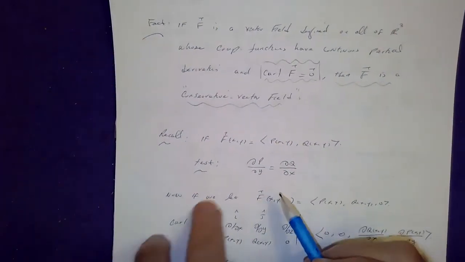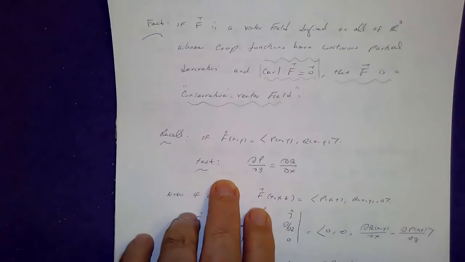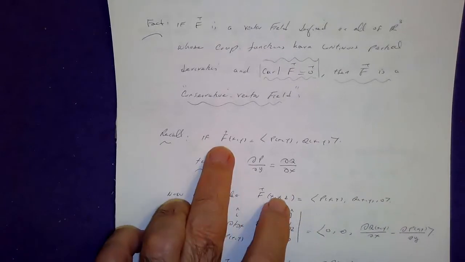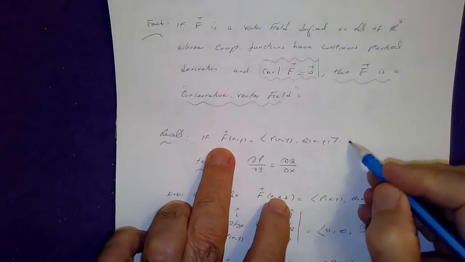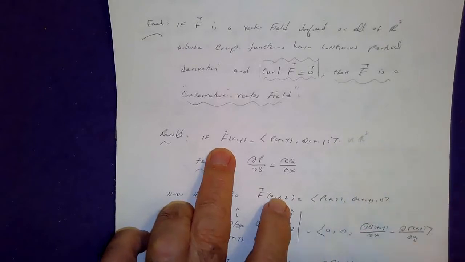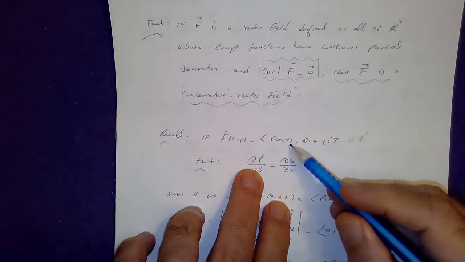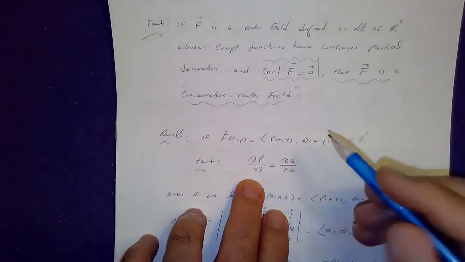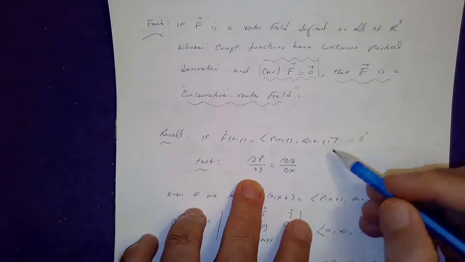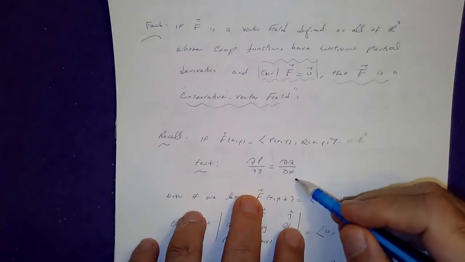If you remember, the test we used in previous sections for a vector field in R2 was to take the partial of this one with respect to y and see if it is equal to the partial of this one with respect to x.